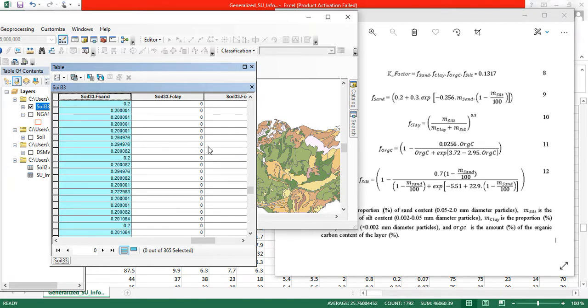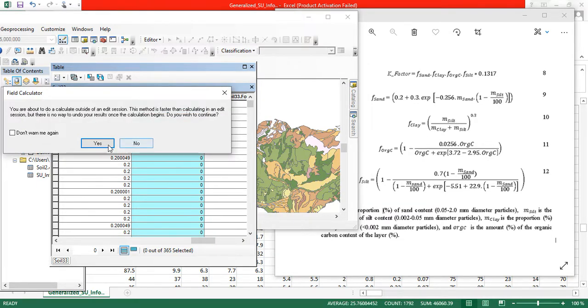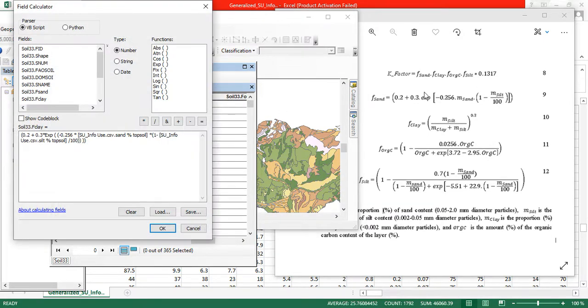Now we calculate that of the clay. The clay is equals to m silt.